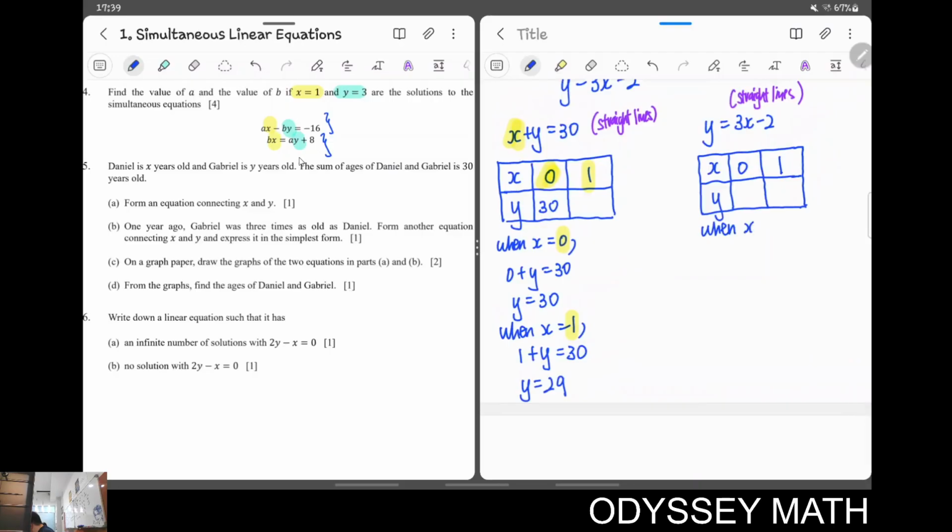So when x equals 0, what happens? Over here, when x equals 0, y equals minus 2.